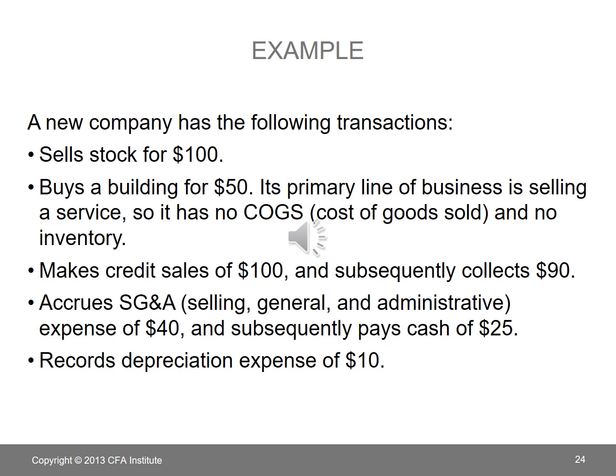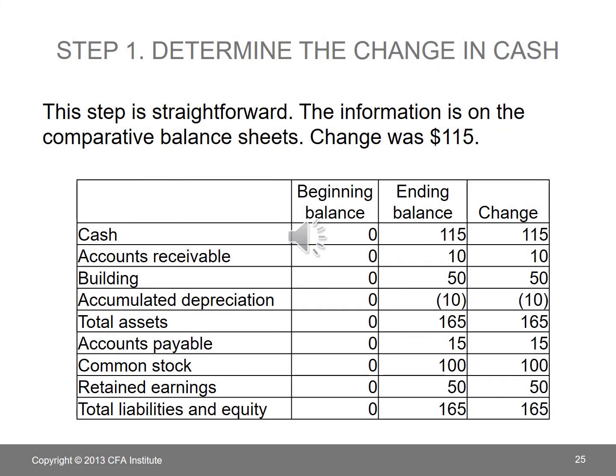So let's follow the framework that we just illustrated in the previous slide to try and create a cash flow statement for this company. So the first step we want to perform is to determine the change in cash. Since this is a new company, the beginning balance for cash is $0. Basically, the beginning balance for all of the accounts is zero.